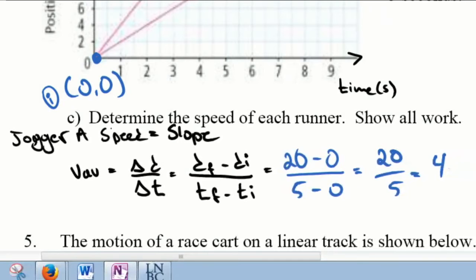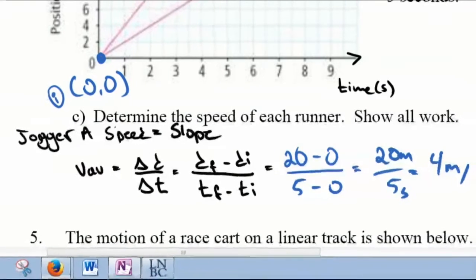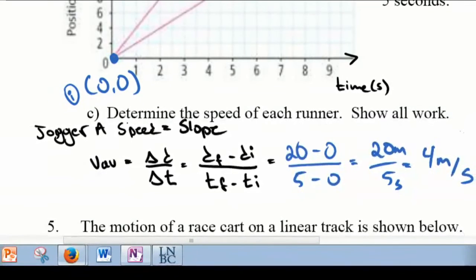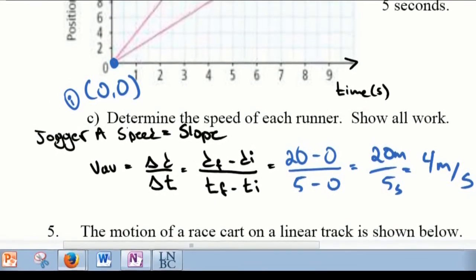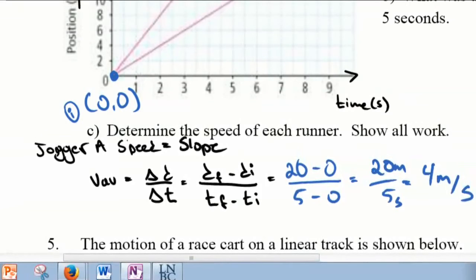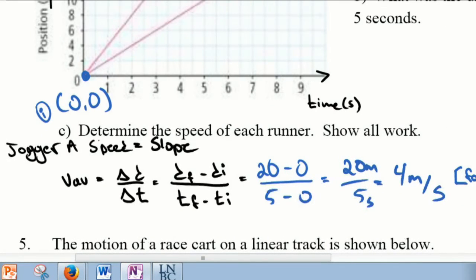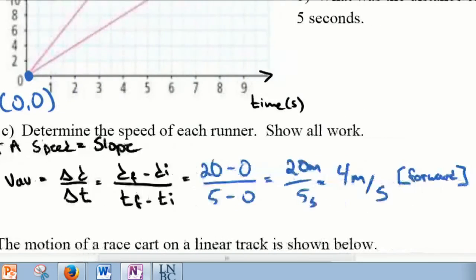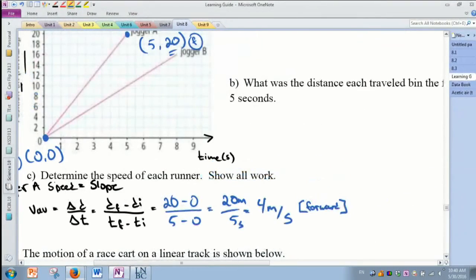Now, my position is in meters, and my time was in seconds, I'll assume. So this is jogger A, 4 meters per second, and all I have here is forward for a direction. So there's not much I can do. I don't know if it's up, down, front, back, whatever it is. 4 meters per second forward.